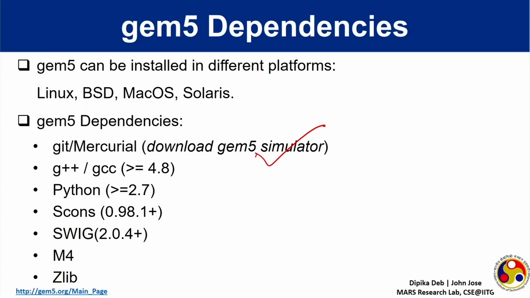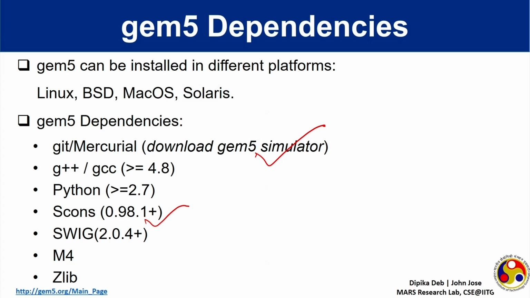The G++ or GCC compiler is used to build the C++ system files. Python is required to interpret the simulation scripts, and SCons is required to build the complete gem5 simulator. And finally, SWIG, M4 and zlib are the extra packages that are required by gem5 for installation.